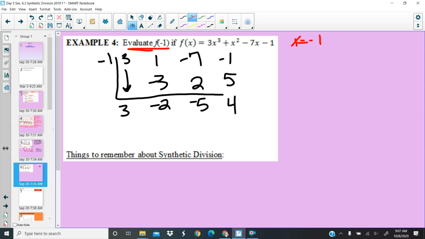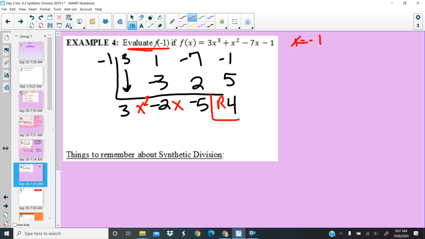So then if I come back through and I add in my x's, that these are the coefficients for, then I had 3x cubed and I divided by an x, so I'm going to have 3x squared minus 2x minus 5 with a remainder of 4.